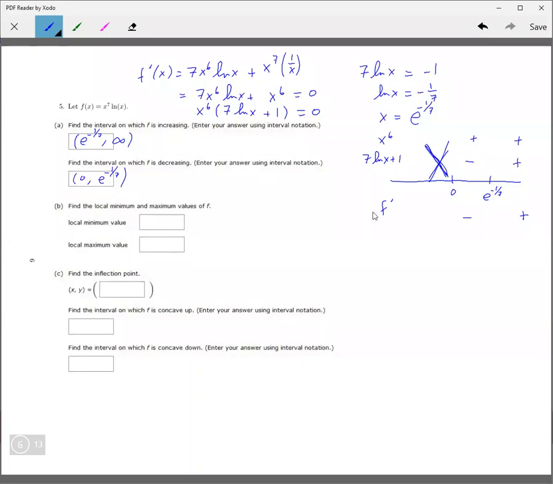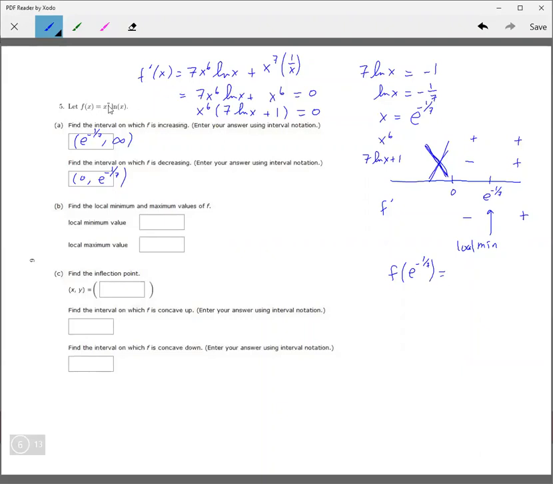Okay, local minimum value. It's decreasing here and then increasing. That means that it will have a local minimum value here. So this will be the local minimum, not this number. Again, you're going to have to find the x and put it into here.